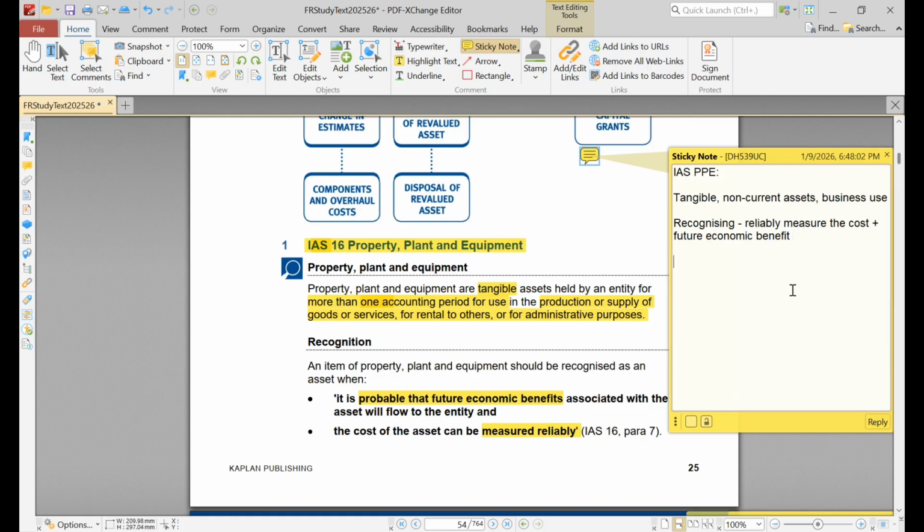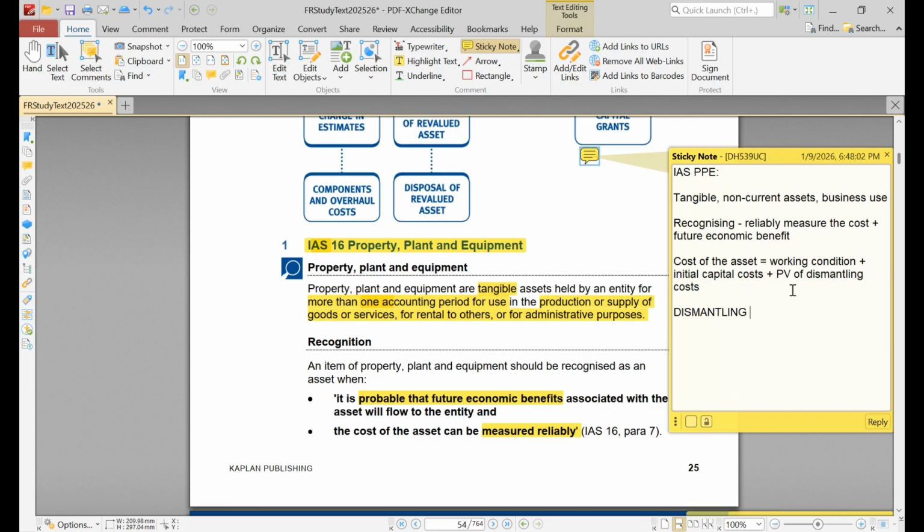Second, what would be included in the cost of the asset? Now the cost includes any cost to bring the asset into working condition, plus any initial capital costs like transportation, site preparation, and third, present value of dismantling costs.